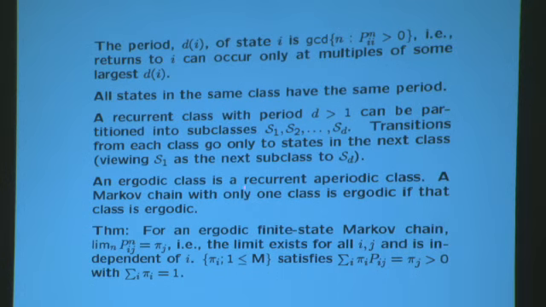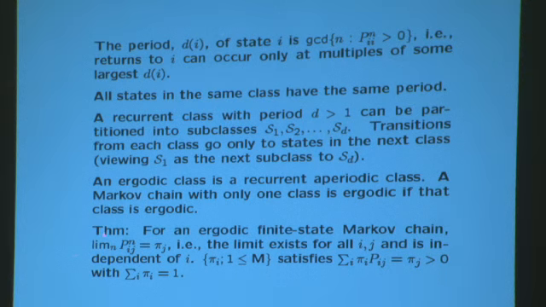Okay, an ergodic class is a recurrent aperiodic class. In other words, it's a class where the period is equal to 1, which means there really isn't any period. A Markov chain with only one class is ergodic if the class is ergodic. And the big theorem here, this is probably the most important theorem about finite state Markov chains. If you have an ergodic finite state Markov chain, then the limit as n goes to infinity of the probability of arriving in state j after n steps, given that you started in state i, is just some function of j.